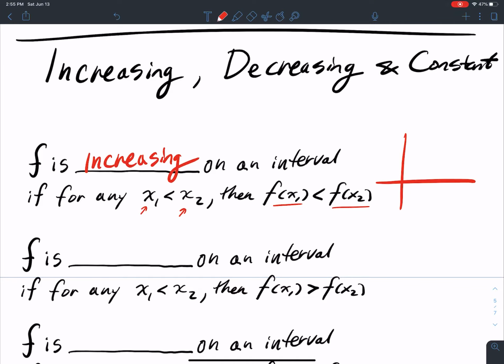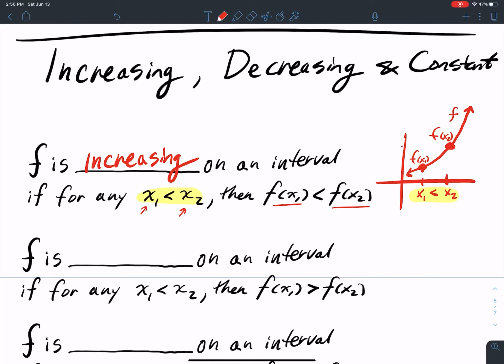Okay, so say I've got some function and it looks like this. Maybe this point right here is x1 and this is the graph of f, and then this would be like x2. Well, x2 is greater than x1 here, and you see that this output f of x1 is less than this output f of x2.